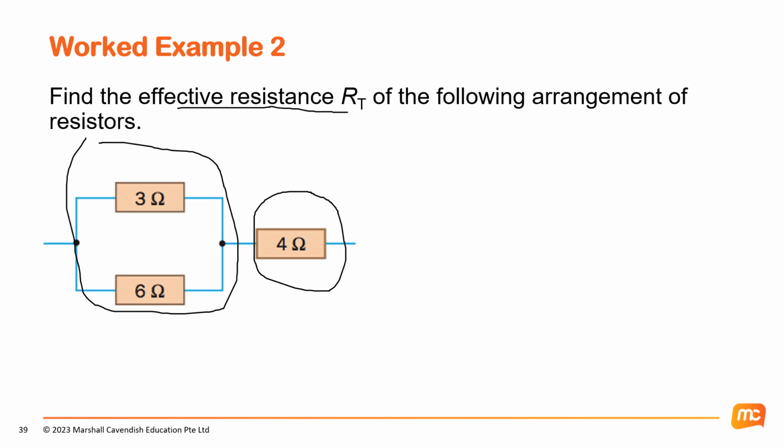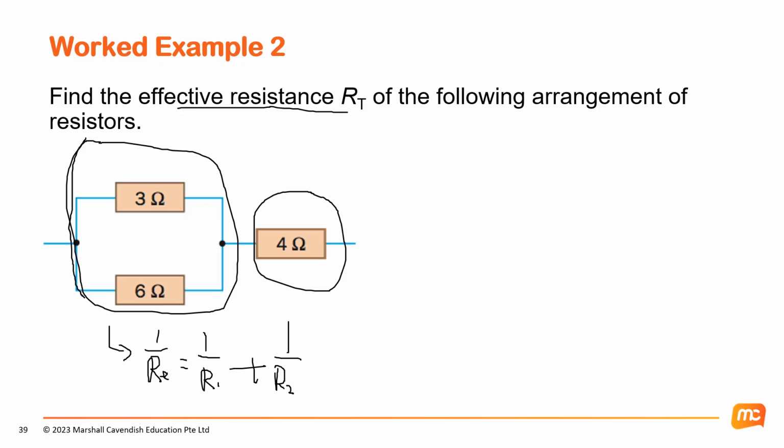So from what I see, I can package this as one resistor, for which I will use the 1 over R_E formula to find the effective resistance for these two first, this 3 ohm and 6 ohm.